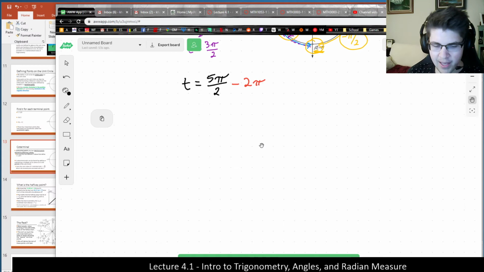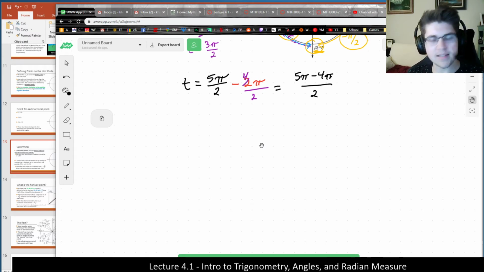Again, to do this math I need a common denominator, because I can't just subtract a fraction from a non-fraction. If I multiply top and bottom by 2, that gives me 4 pi over 2, equal to 2 pi. Now with a common denominator, that leaves me with 5 pi minus 4 pi, all over 2.